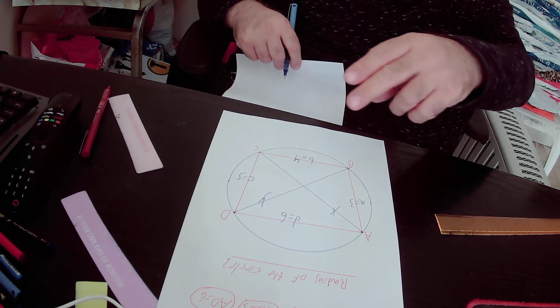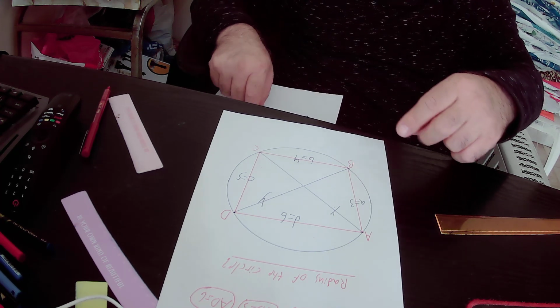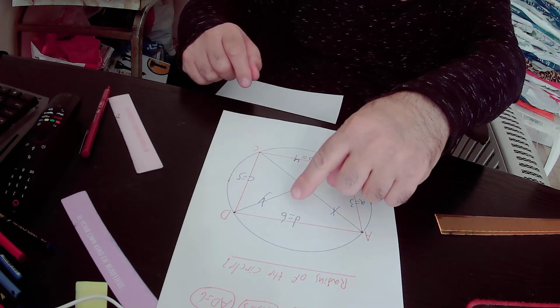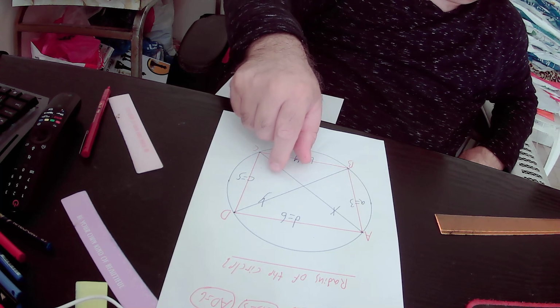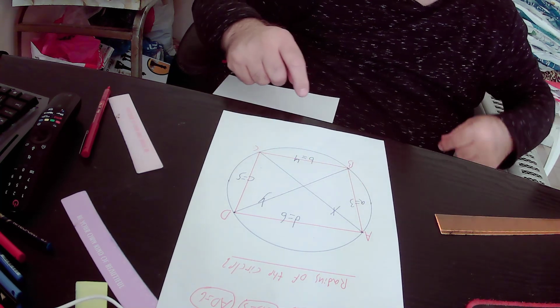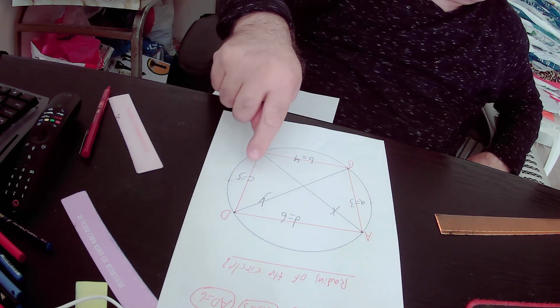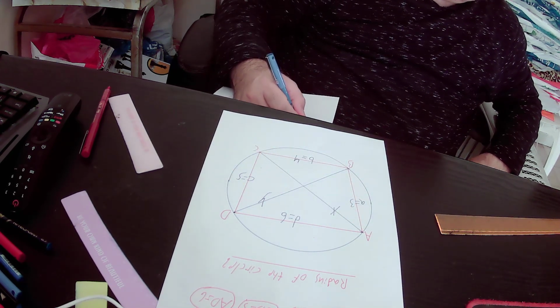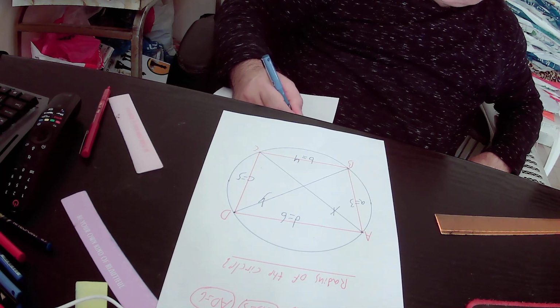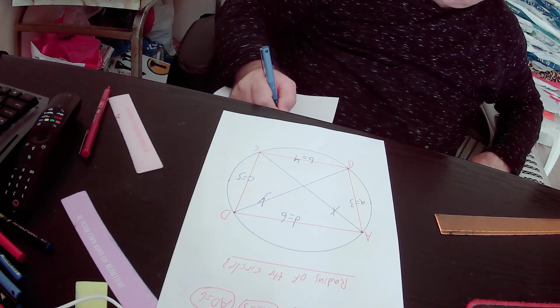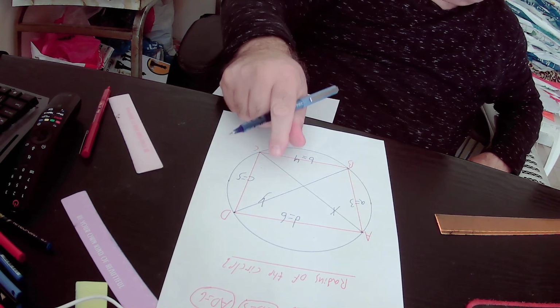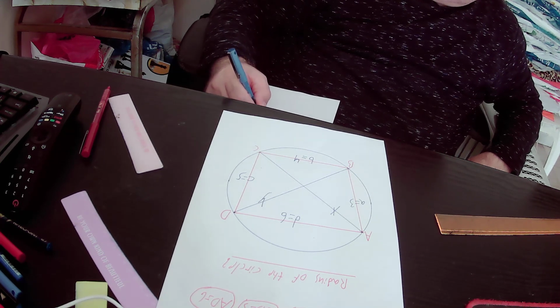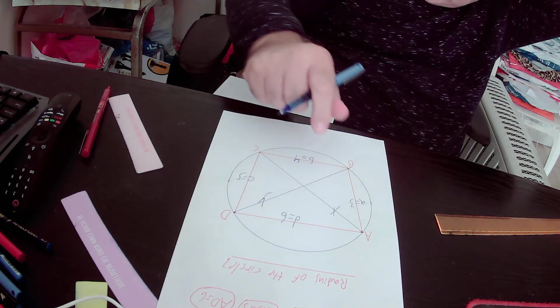As you can see from the drawing, if we combine triangle BDC with triangle ABD, we get the quadrilateral ABCD. Therefore, the area of quadrilateral ABCD, according to equation number 2, will be equal to the area of triangle BDC plus the area of triangle ABD.